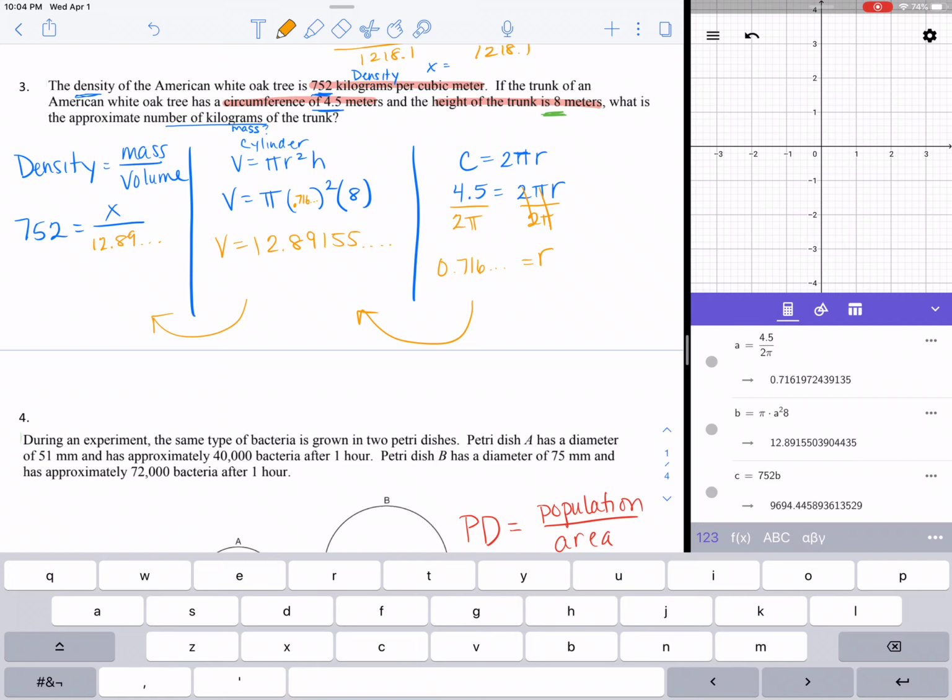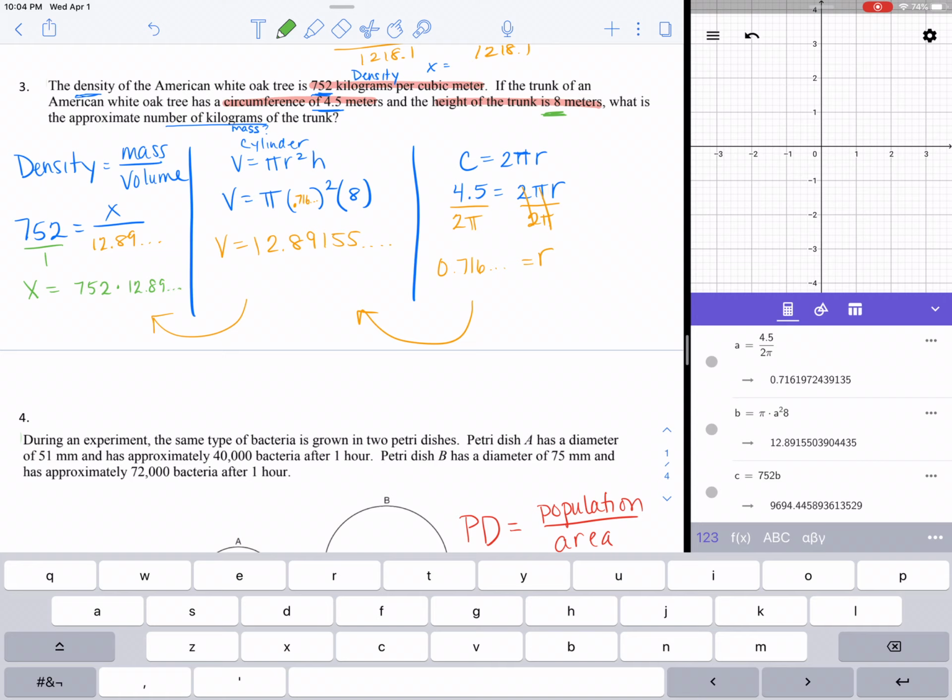So now that could go in here for volume, 12.89, that full number. And if I want to solve for the mass, which is x, I could cross multiply, and I would have to multiply 752 by that number, that 12.89.